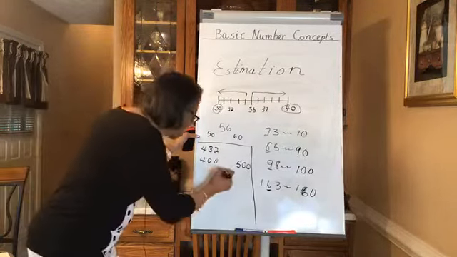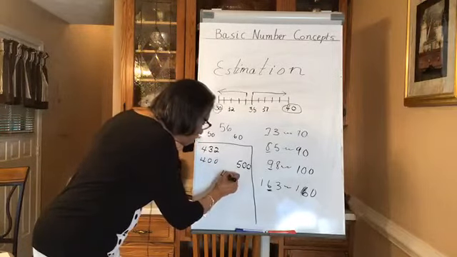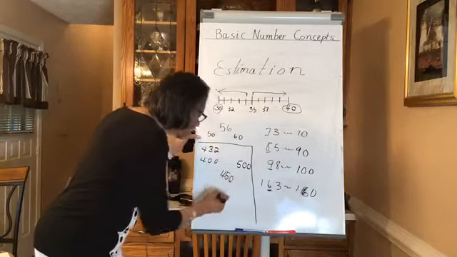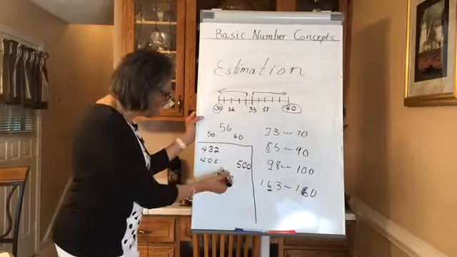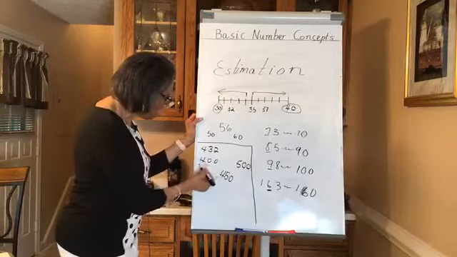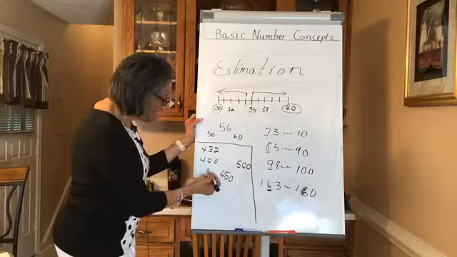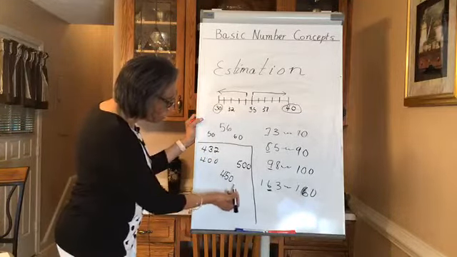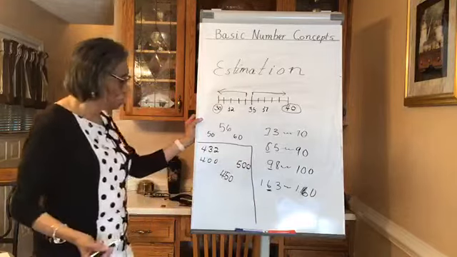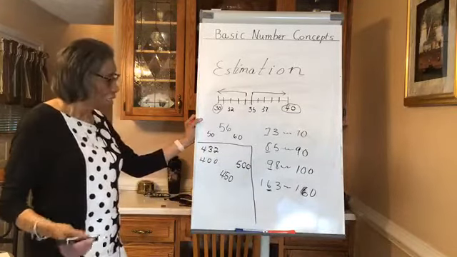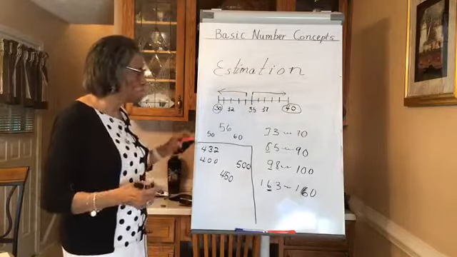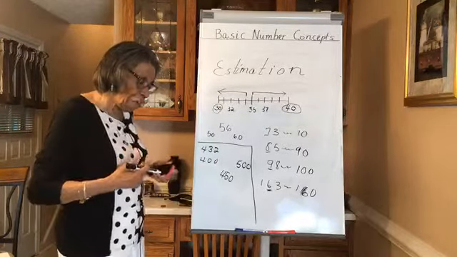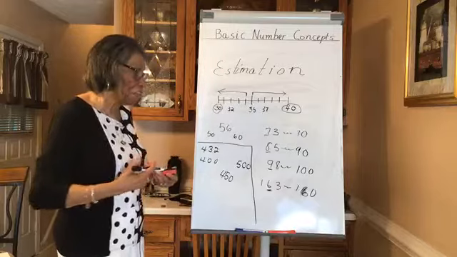Okay, 450. All the halves in this number system begin with a 5. So everything below 450 is approximately 400. Everything above 450 is approximately 500. All right? So they have a rule, and the teachers teach the rule before they teach the principle. I'm hoping you realize that I'm talking about how close a number is to another number.